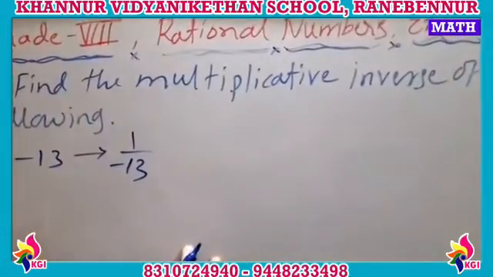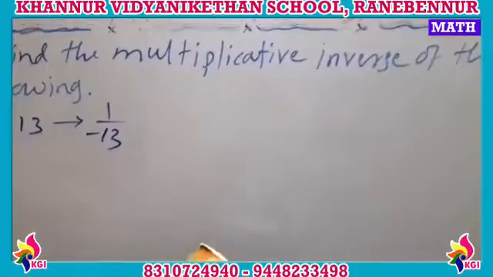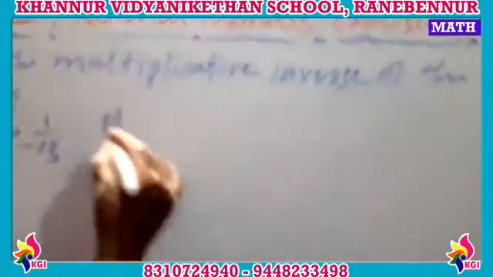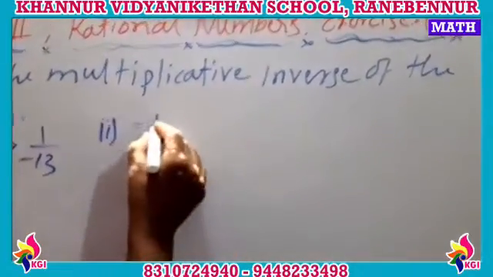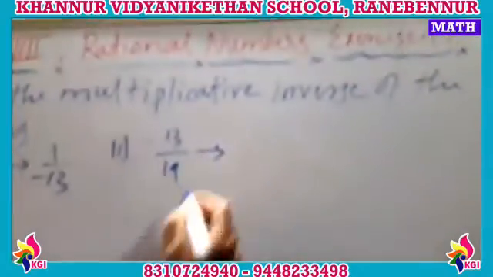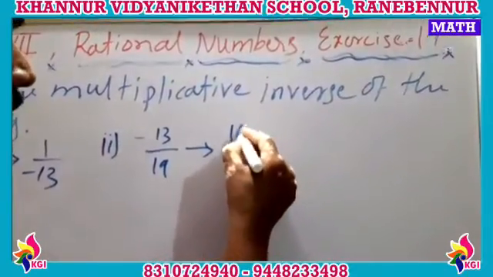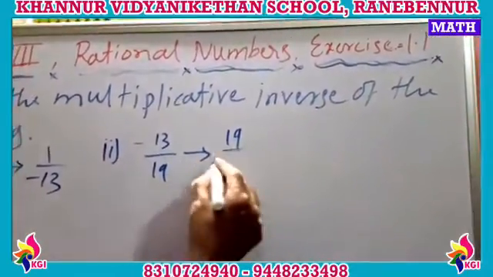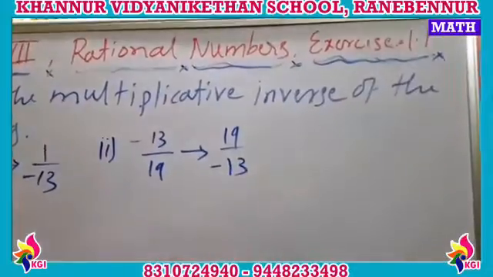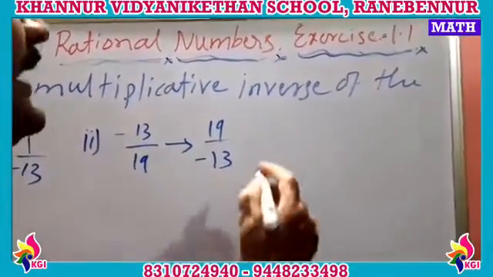Like that we go for the second one. The second question is minus 13 divided by 19. We need to write the multiplicative inverse, right? So the denominator should go to the numerator. The numerator will be 19 and the denominator will be minus 13. This is the multiplicative inverse of minus 13 divided by 19.